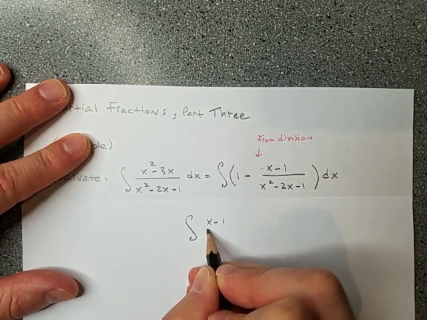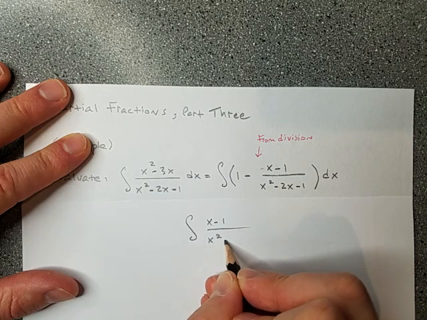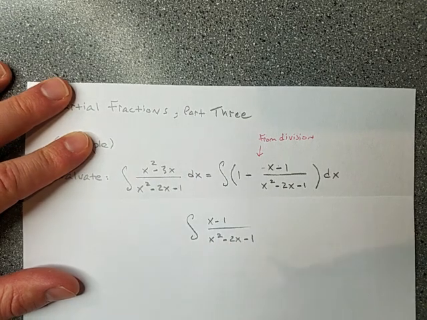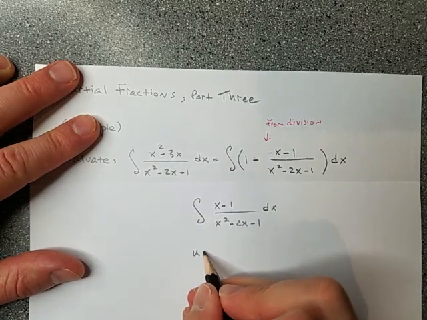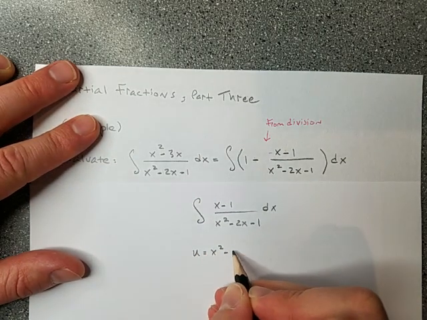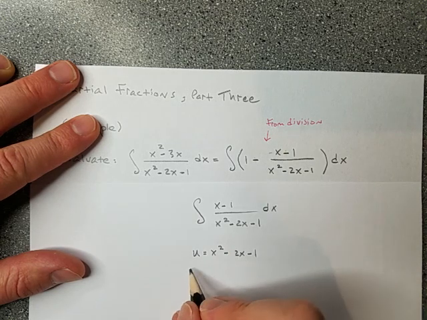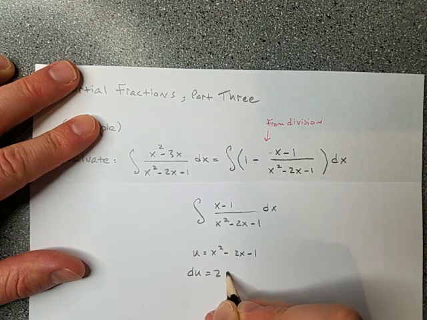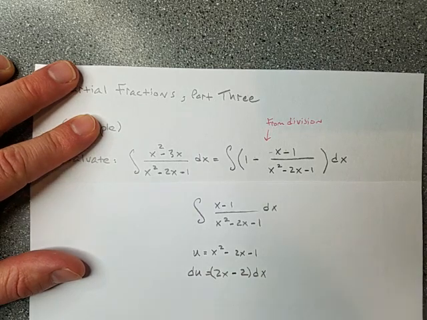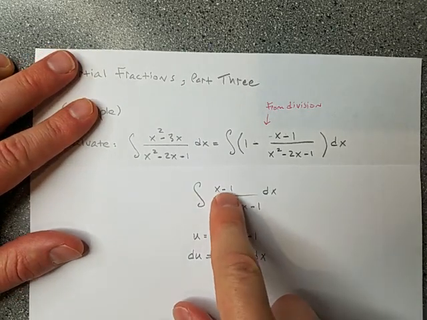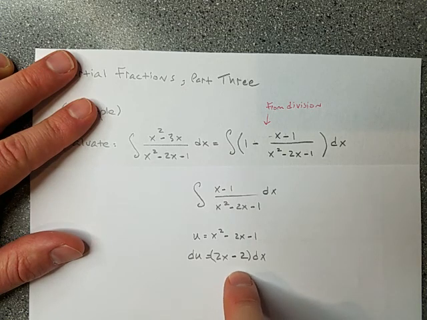X minus 1 over x squared minus 2x minus 1. Okay, so yes, that is u substitution. Here's how. U is x squared minus 2x minus 1. Du is 2x minus 2 dx, right? And I've got x minus 1 dx, not 2x minus 2.